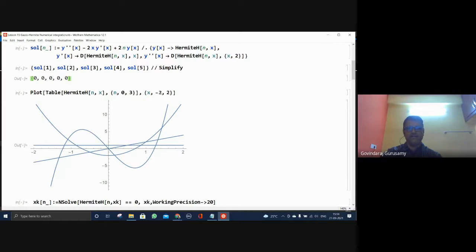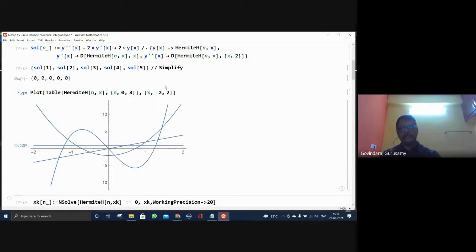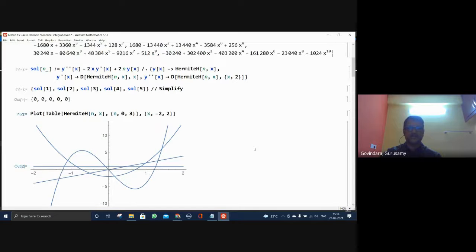And what about here? If I increase the limits now, how is this function going to behave? This is also going to larger values when you go to a higher magnitude of x, because they're all polynomials with x square, x cube, x power 4, like that.